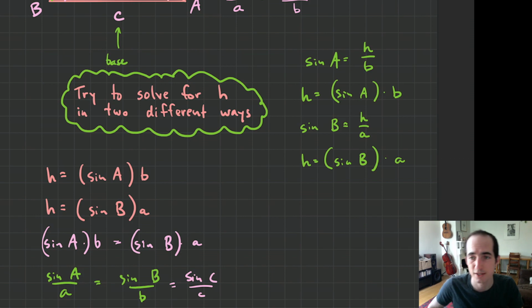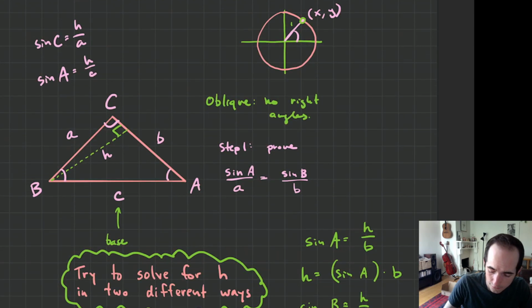And to be able to understand this proof, basically the trick to this proof was to find a variable. So we introduced a variable h, and we solved for h in two different ways.